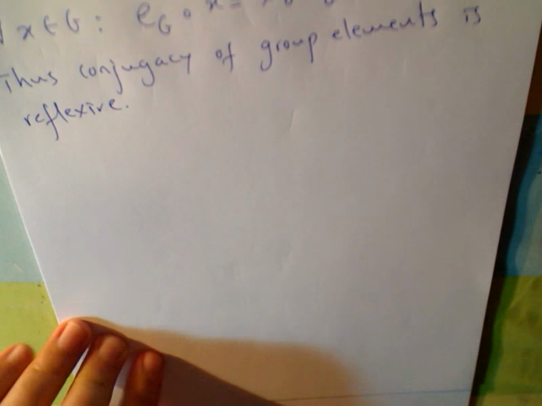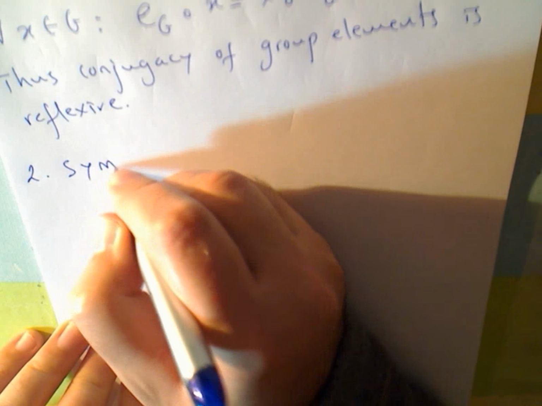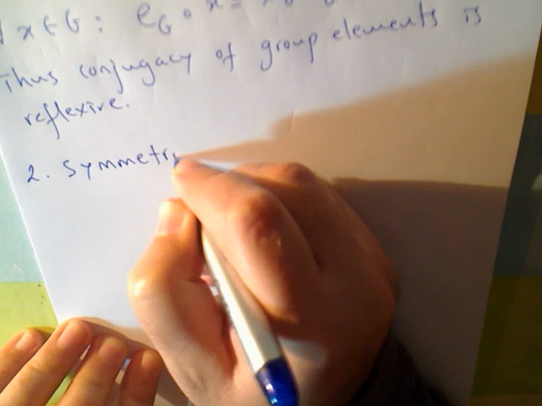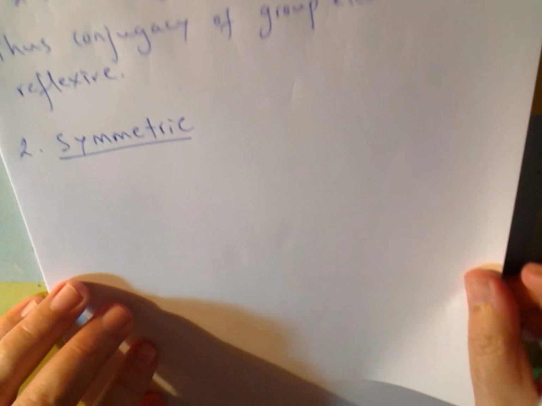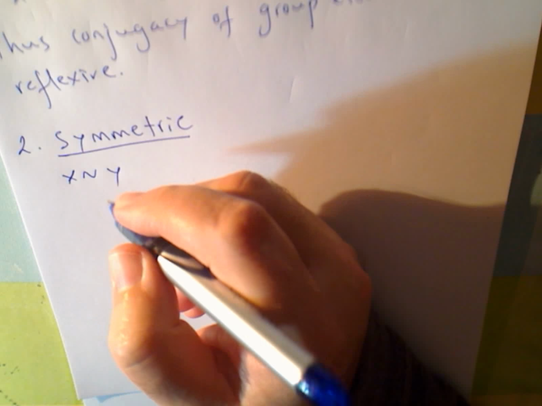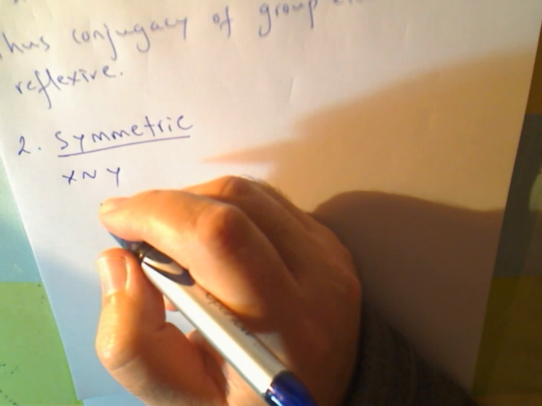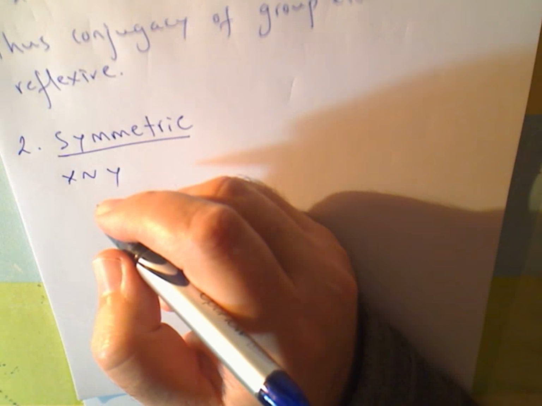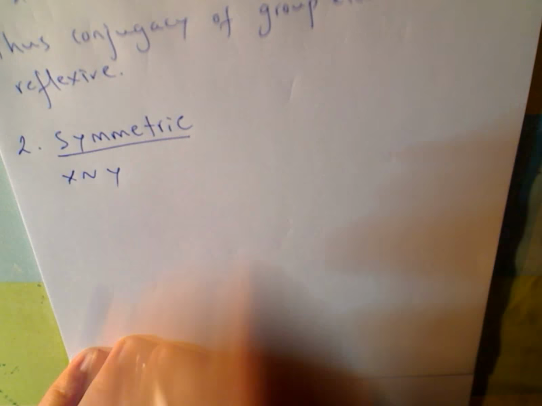Okay, now we have to prove symmetry, right? We have to prove they are symmetric. So we take X, X is conjugate of Y, right?